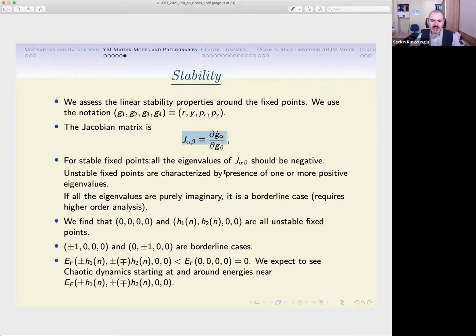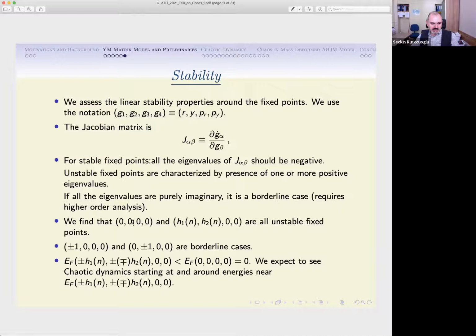So this is a Jacobian matrix. The general theory in this setting tells you that the fixed point is stable if all the eigenvalues of J are negative, and if one or more of the eigenvalues of a given fixed point is positive, then that's an unstable fixed point. And it could be that the eigenvalues are purely imaginary, then this first order analysis is inconclusive. You get a borderline case.